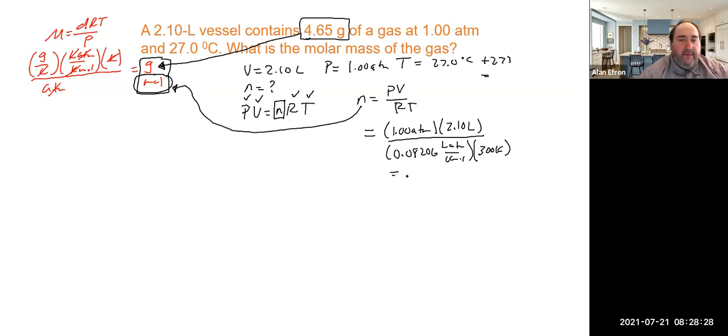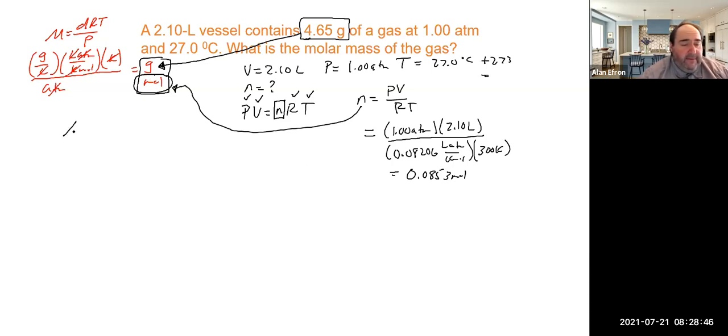That means the mole part that we get is 1 times 2.1 divided by R and divided by 300, which gets us 0.0853 moles, which again is the bottom part.